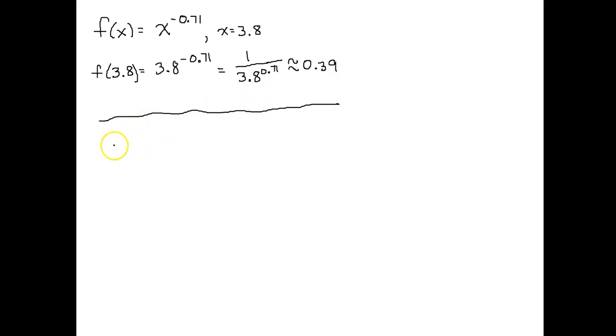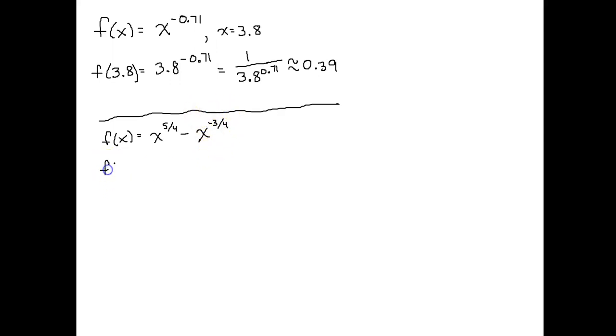Another example, you don't have to just have a single x to a power. You could have something like this, where you have x to the 5/4 minus x to the negative 3/4. 5/4 means you're doing the fourth root and raising that to the fifth power. Negative 3/4, it's 1 over x to the 3/4, but you're doing the fourth root and cubing.